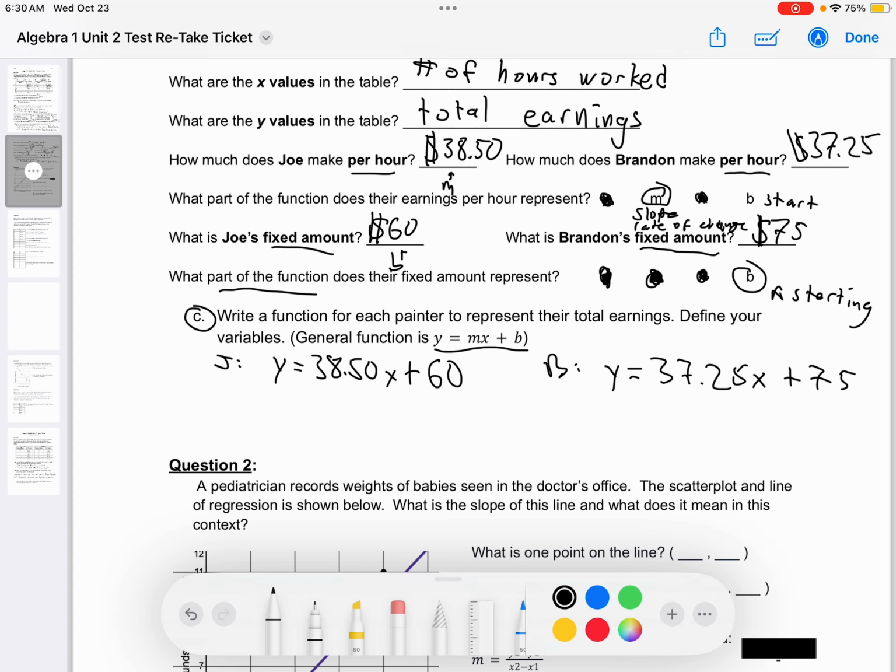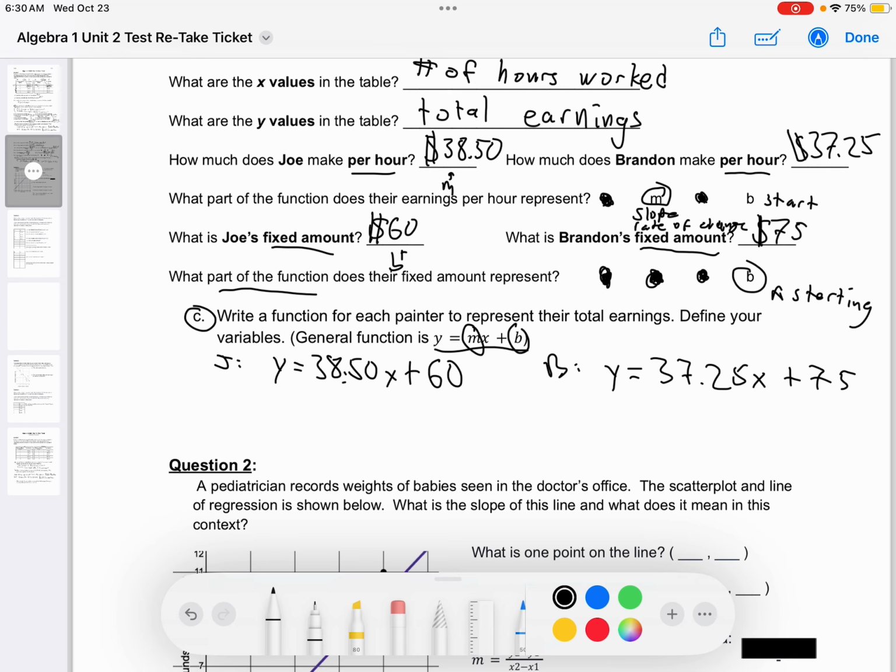These are the two functions, one for Joe and one for Brandon. The thing to note here is you're only going to have numbers for m and b. y and x will stay the same. So both of them will have y equals a number times x plus a number. y and x will just stay y and x, m and b will become those numbers.